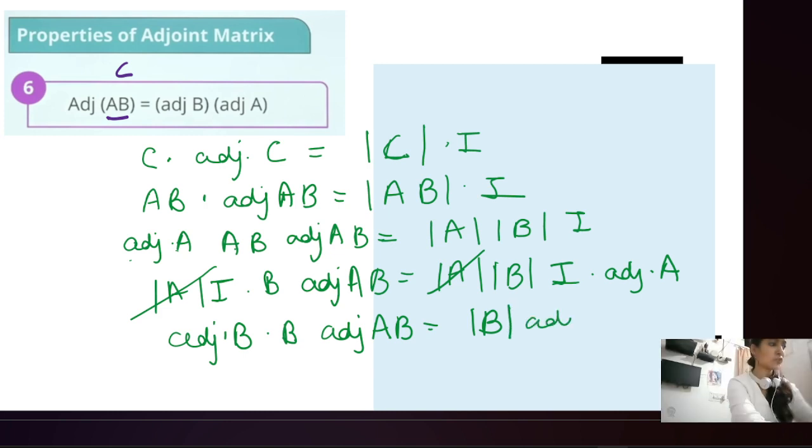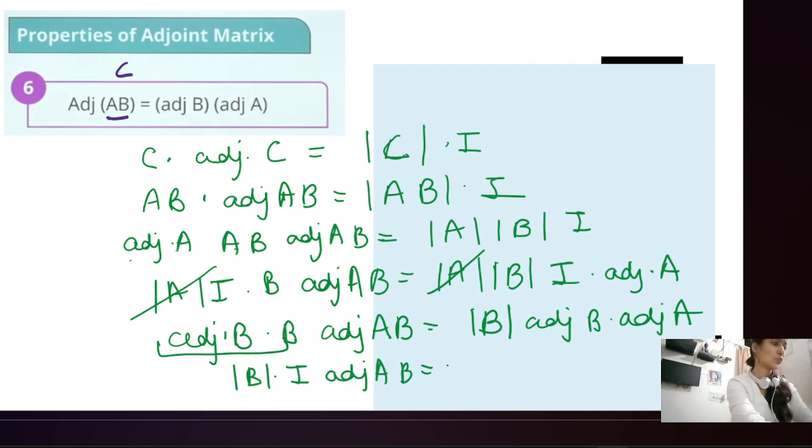Now multiply adjoint B also, adjoint A. So from here this will become B I adjoint of AB is equals to determinant B adjoint of B adjoint of A. Now this will cancel out.